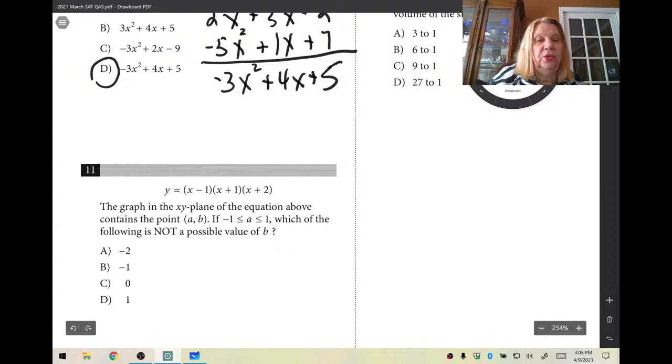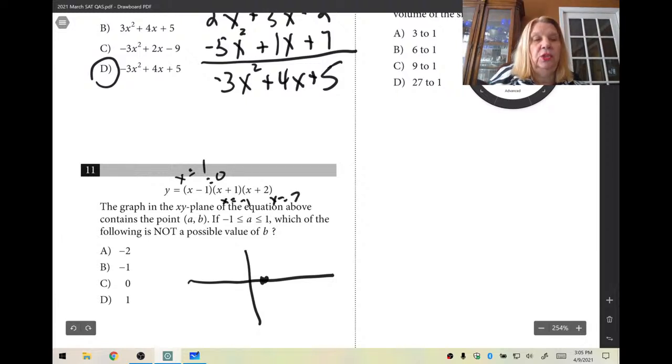So this one's a little tricky. So if we plot these points, we have the zeros. X is a 1, because x minus 1 is 0, so x is 1, x is a minus 1, and x is a minus 2.